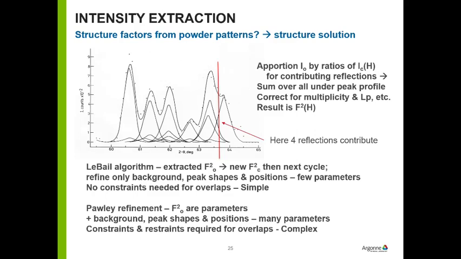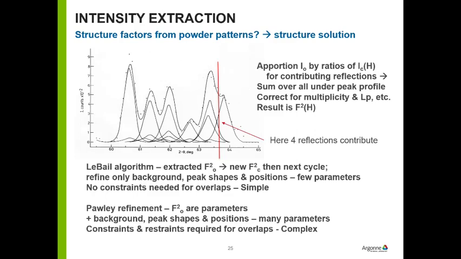And then you sum them all up at the end after you've gone through the profile and say, okay, I've got this set of intensities that contribute to this reflection. This set contributes to this reflection, and so forth. The key thing about this is that it's biased by whatever you use for the model to calculate the original calculated structure factors.